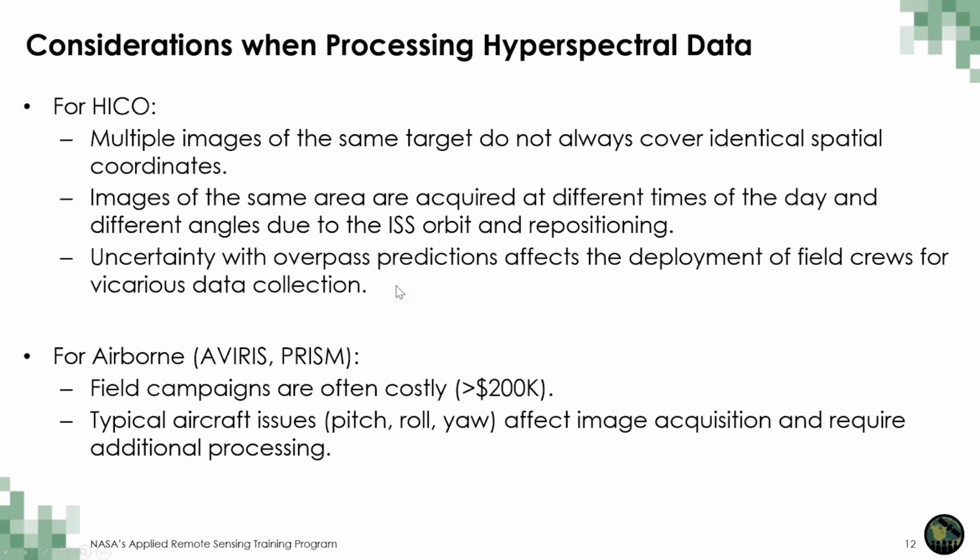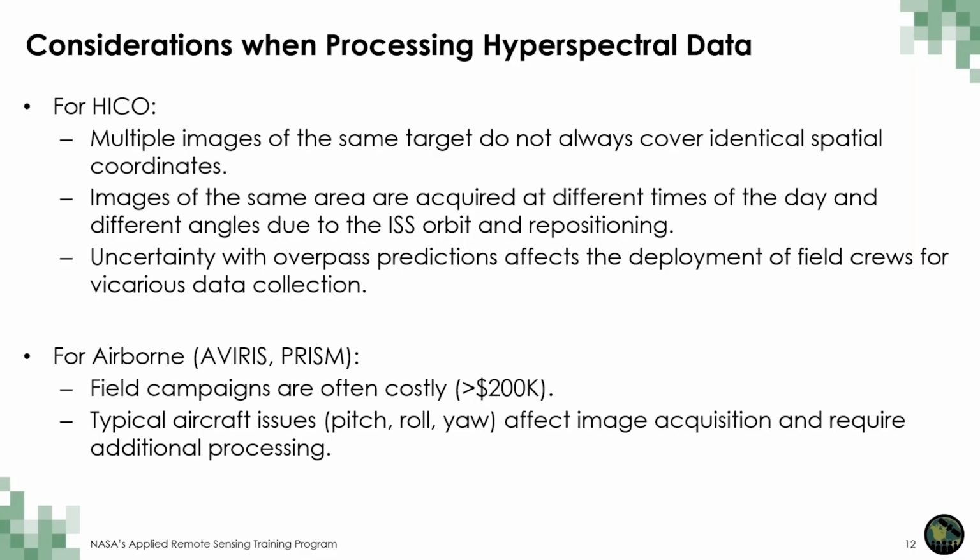So for example, speaking about coastal ocean, for HICO, multiple images of the same target do not necessarily always cover the same identical spatial coordinates. Images of the same area are acquired at different times during the day, or even at different angles, due to the ISS orbit and repositioning.